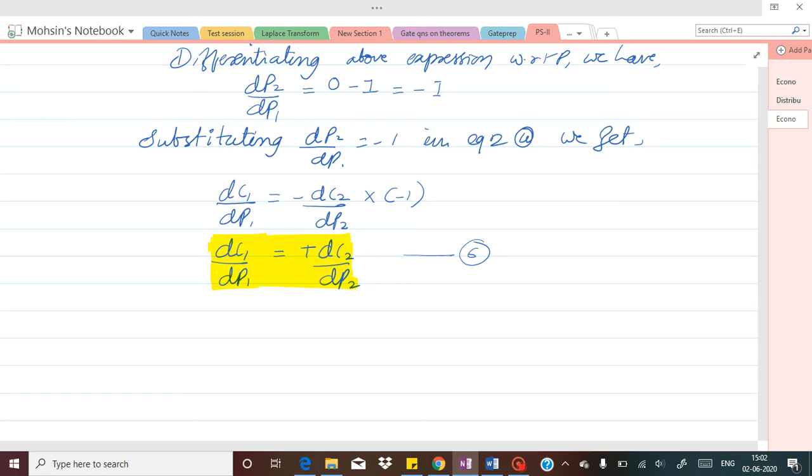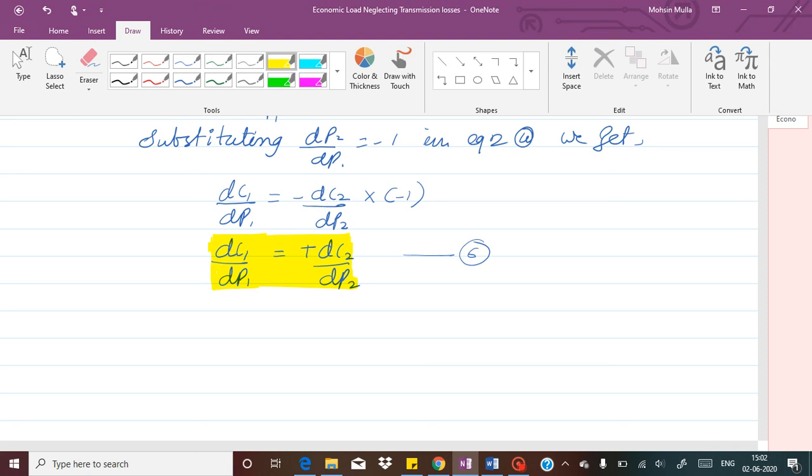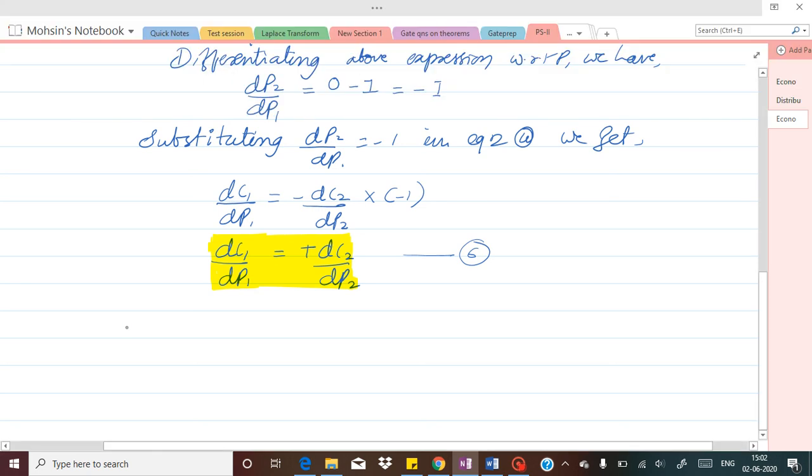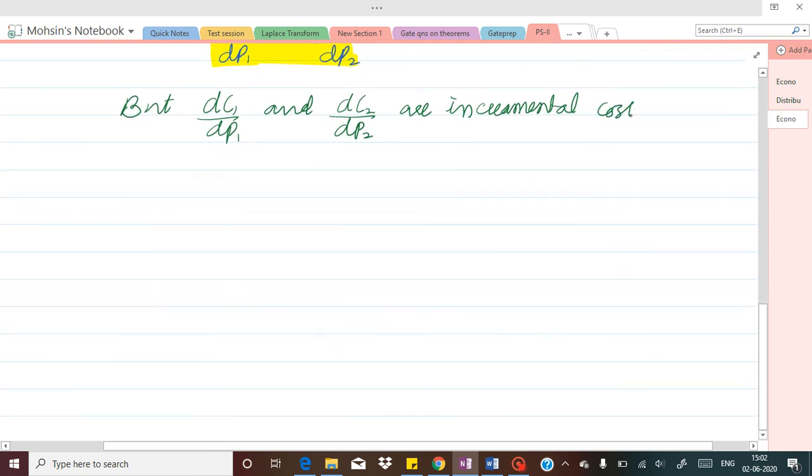Here dC1 by dP1 and dC2 by dP2 are the incremental costs of the alternators one and two.